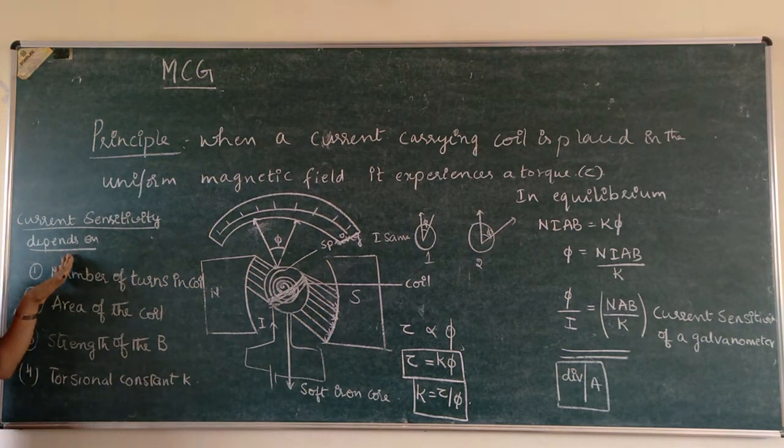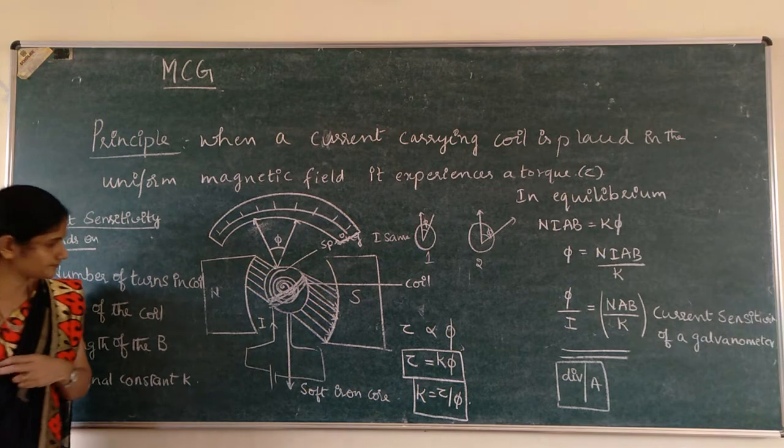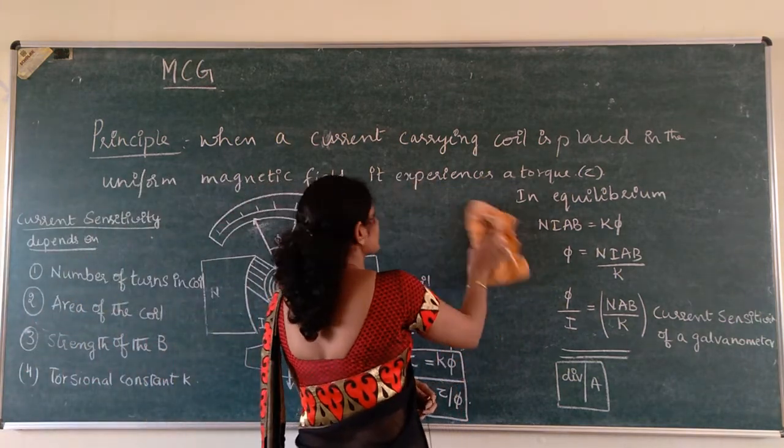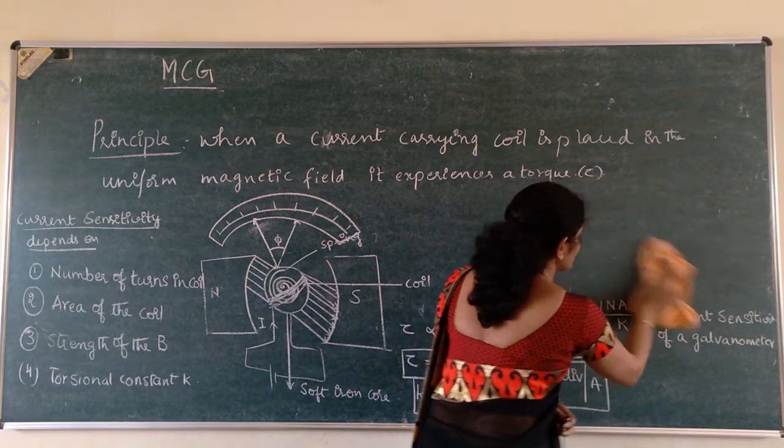So similar to this current sensitivity, we have voltage sensitivity. Let us see what we mean by voltage sensitivity. So voltage sensitivity means deflection per unit voltage.